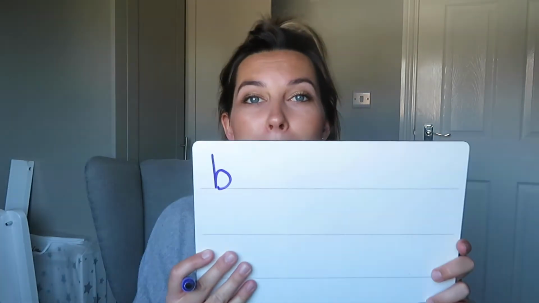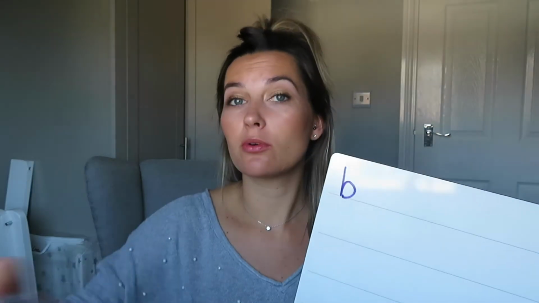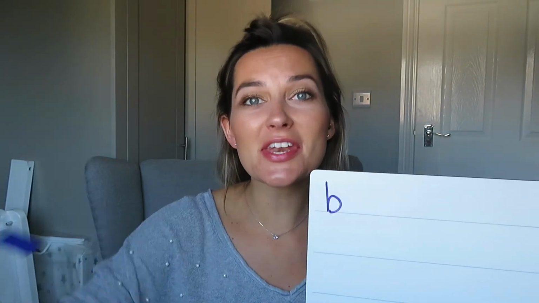The first sound is B, bike, B. So the first thing you need to do is write B on your whiteboard or piece of paper. The next sound is I. And remember, we're recapping the split I digraph. So we know that we need to write the split I sound.